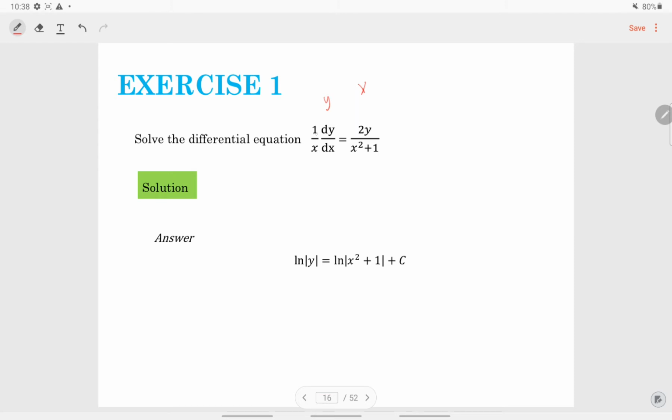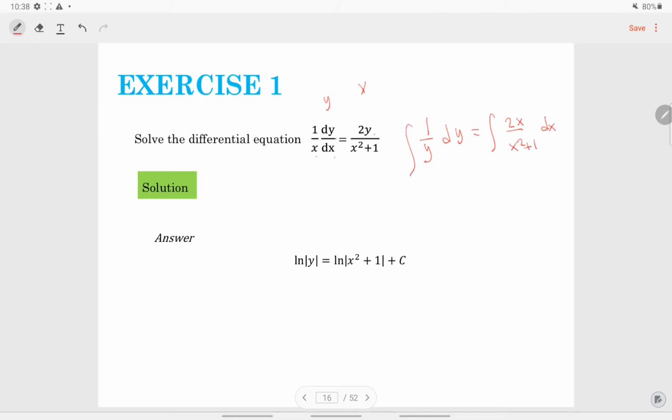So we have 1 over x dy over dx equal to 2y over x squared plus 1. So we need to separate. Separate means we get 1 over y dy, integrate, 2x over x squared plus 1 dx.